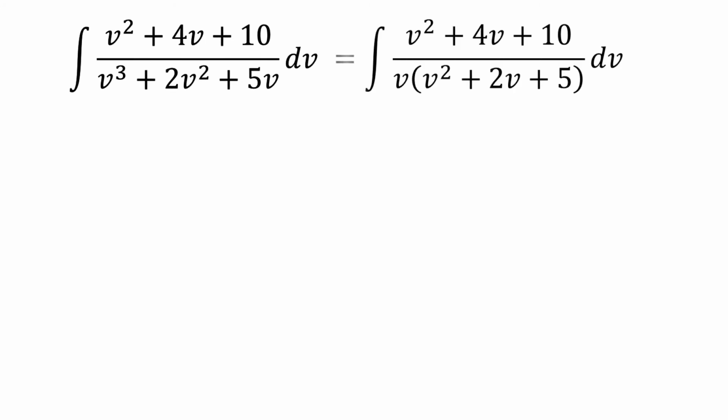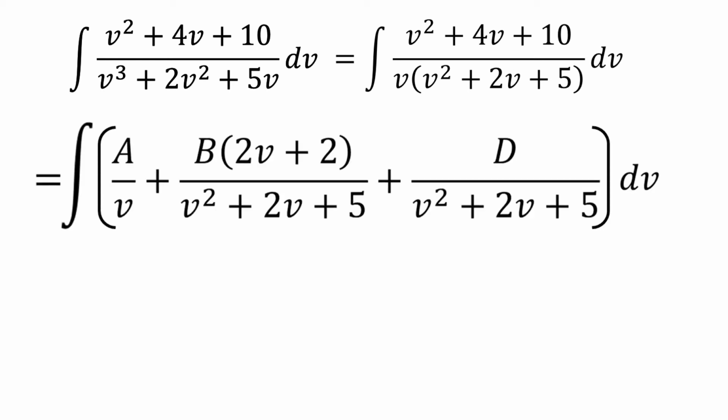Recalling our integral with a factored denominator, we now can write this in terms of its partial fractions, wherein we have the integral of A over v plus B times the quantity 2v plus 2 all over v squared plus 2v plus 5 plus D all over v squared plus 2v plus 5 times dv.